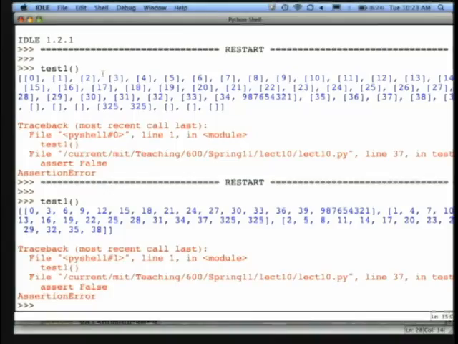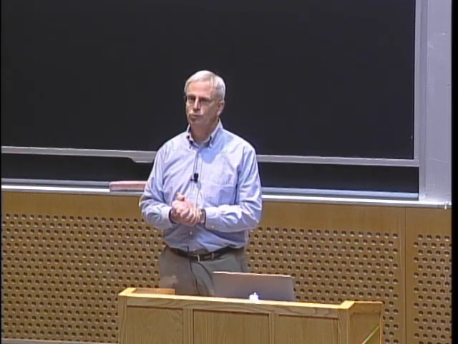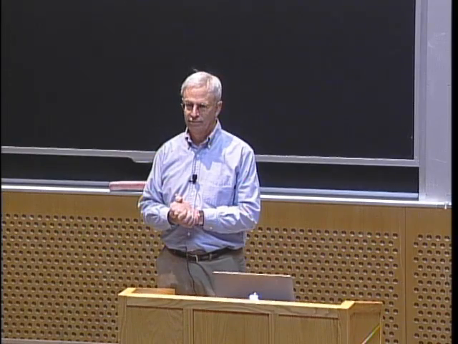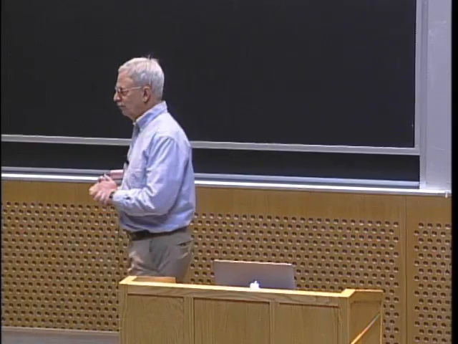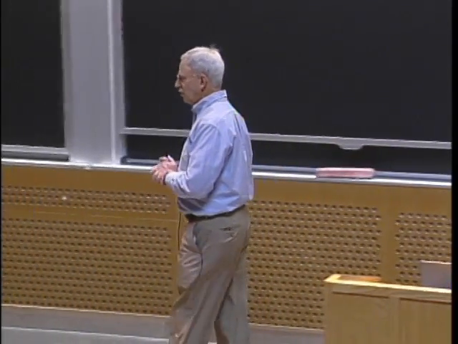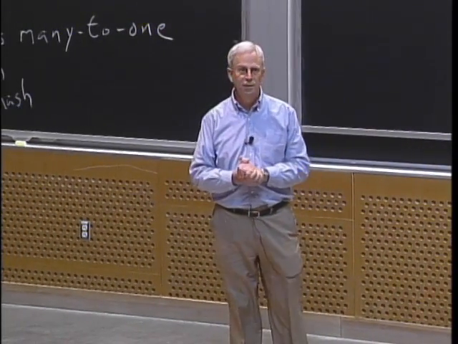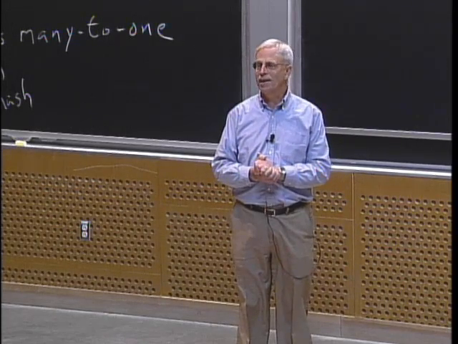Now, is it useful here only when we want to store ints? No. I mean, it would be kind of bad if that were the case. In fact, any kind of immutable object can be hashed. Now, you may have wondered why the keys in dicts have to be immutable, and that's so that they can be hashed.